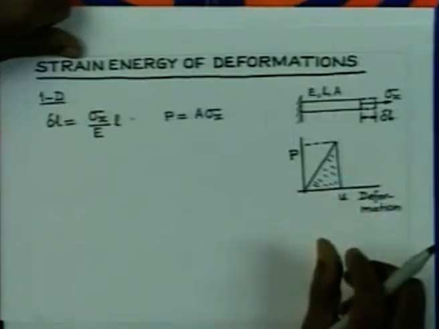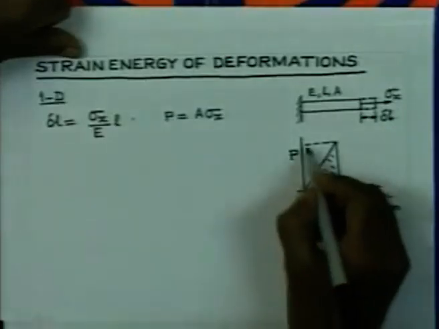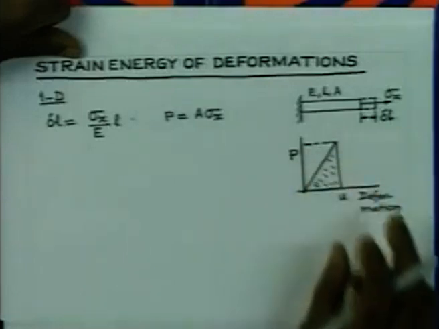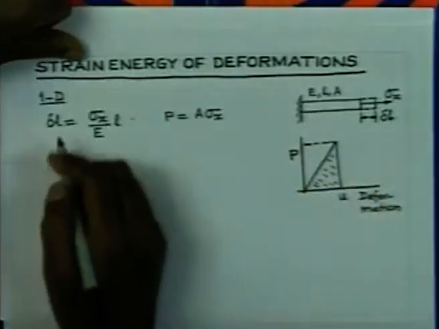So that half factor comes up because we do not allow the force suddenly; we apply the force quasi-statically.